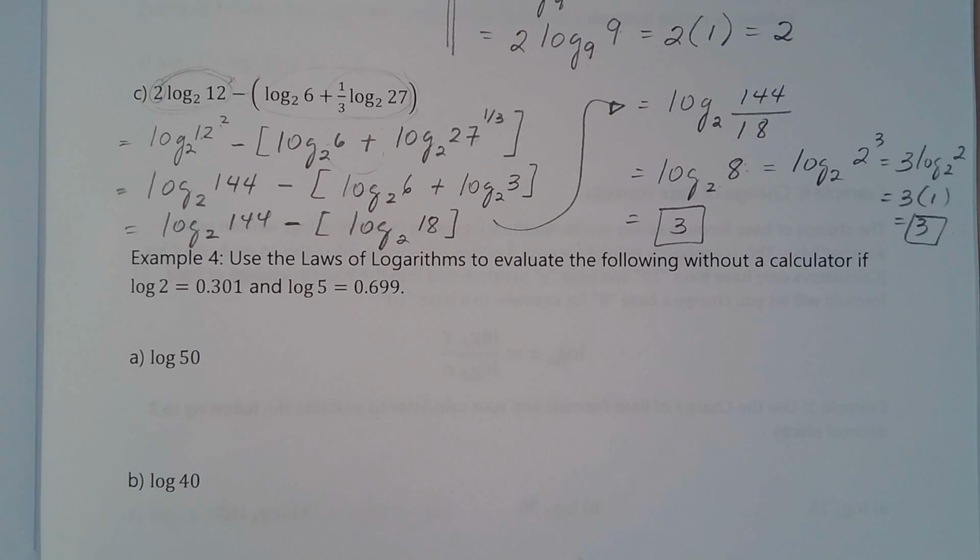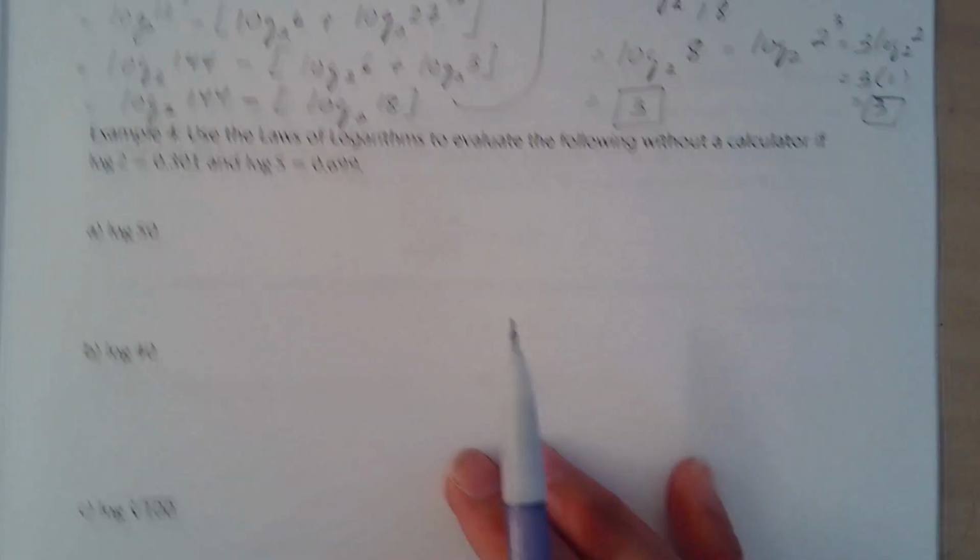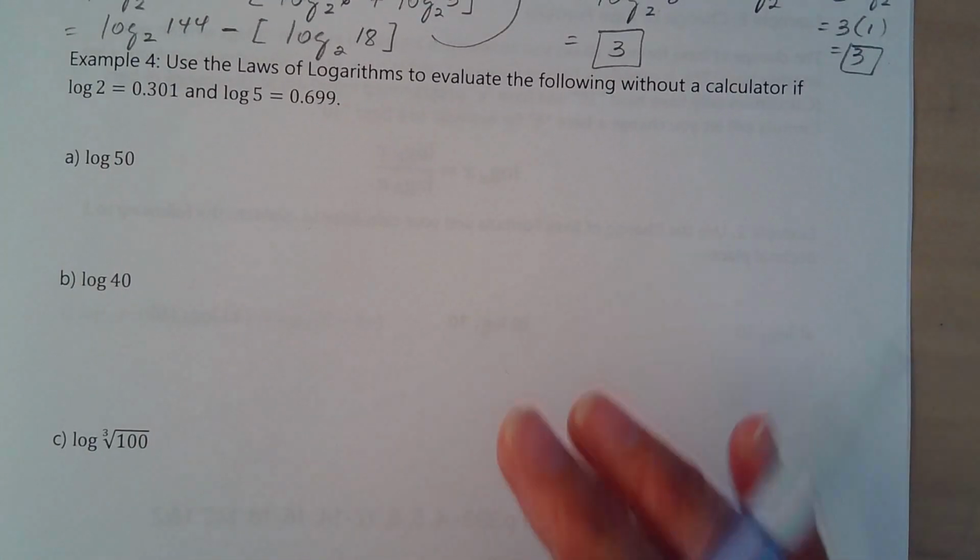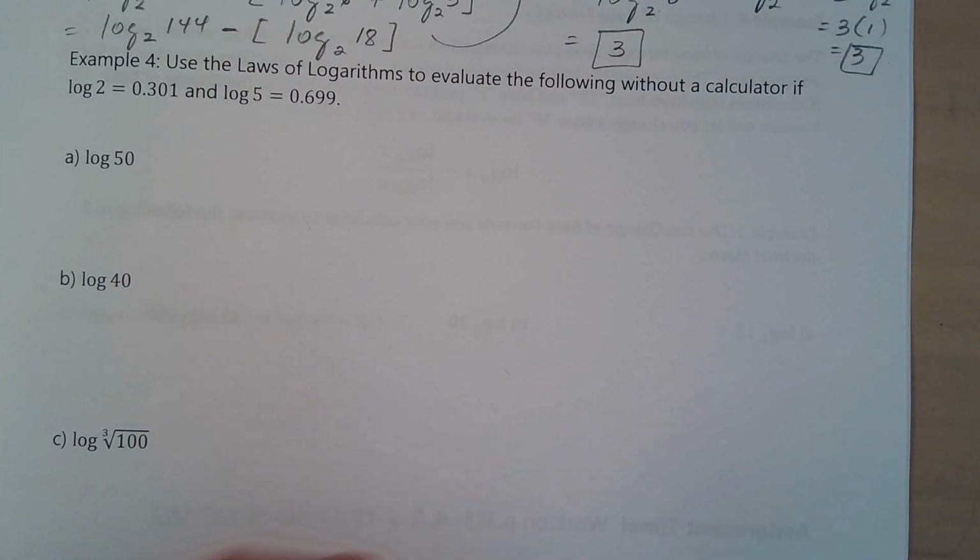So we're just using simple numbers. It wouldn't be ridiculously big numbers. It's going to be simple enough to do without a calculator. If there's a fraction, it's a simple fraction.